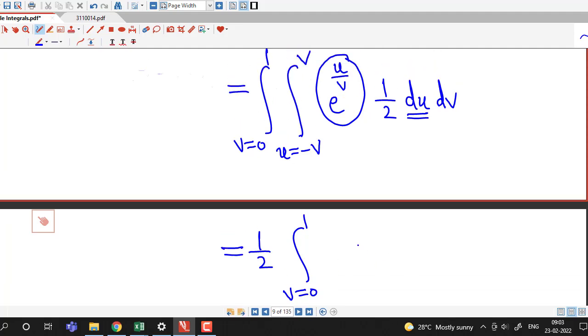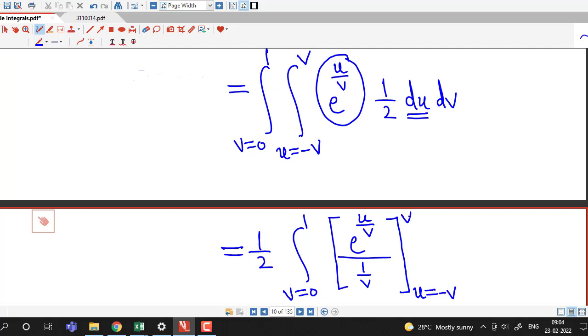So integral of e raised to u by v is e raised to u by v divided by coefficient of u, which is 1 by v. V is considered as constant because we have integrated with respect to u. Limits of u are from minus v to v.